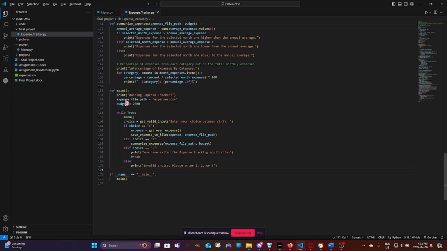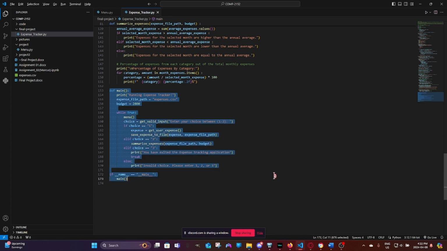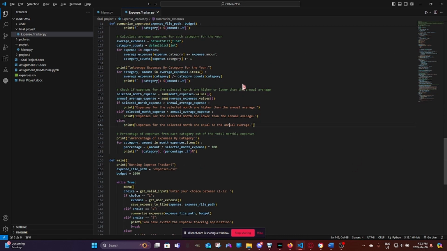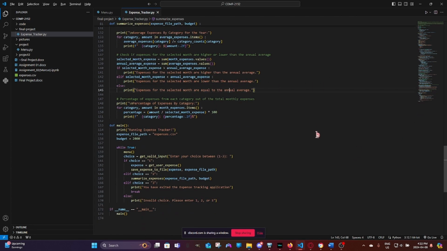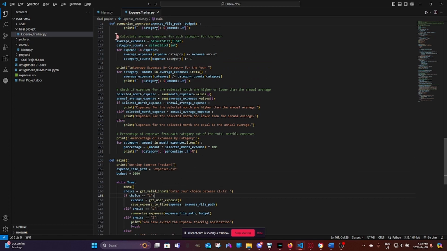And Jax will explain what our main function does. Lastly, our main function is for whichever expense is ever lower or higher than the annual average. So we have an expense tracker and we have set a budget here that is connected to an Excel doc.